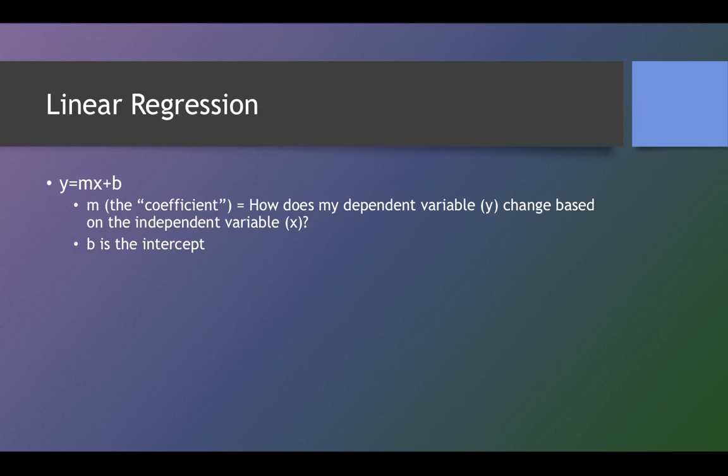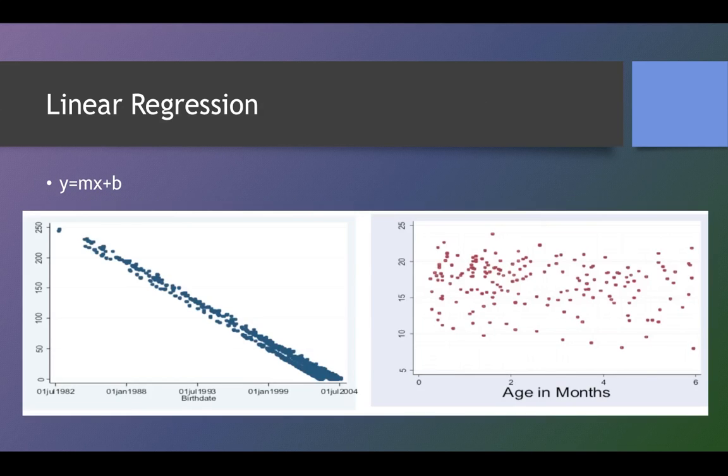B is the intercept. For an example, I'm going to walk you through these two graphs. The graph on the left is age of admission on the y-axis and birth date on the x-axis. The graph on the right is respiratory syncytial virus load on the y-axis and age in months on the x-axis. Here I show B where the intercept would be. M, the regression coefficient, is the slope.